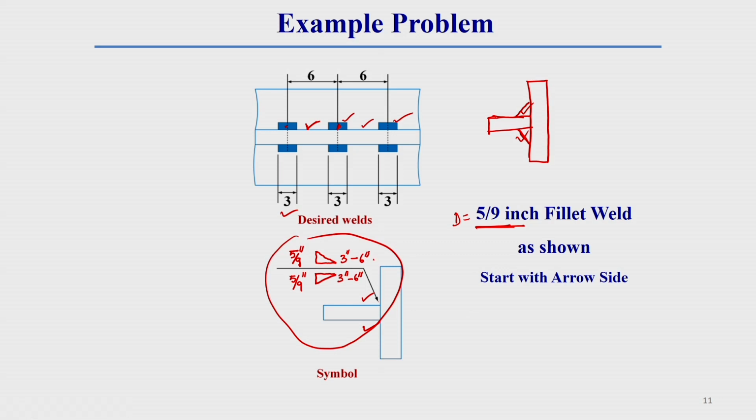By seeing it, we can easily understand the welding shape, the welding length, and the distance between two welds, if we know the welding symbol details. This is one example. Now we will go for a different example.